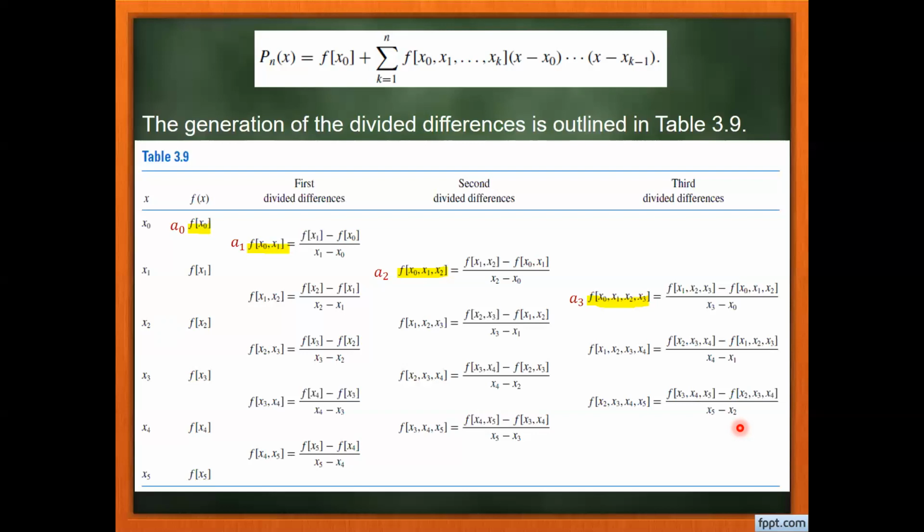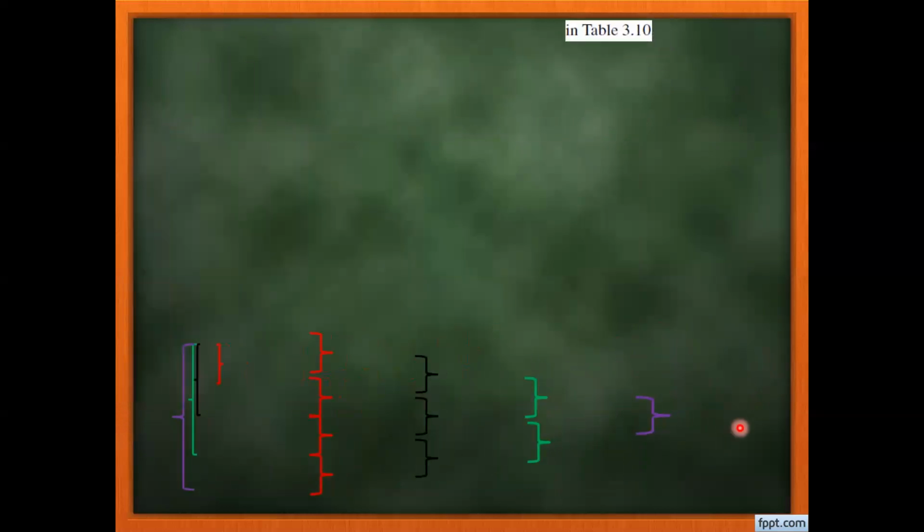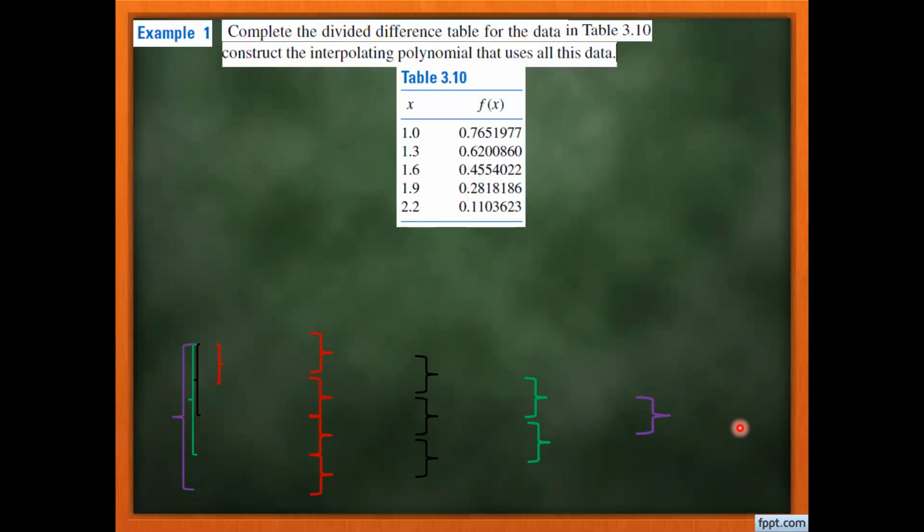Next, I will again discuss through an example how this table is being drawn. So let's consider an example where we need to complete a divided difference table for the given data. We are provided with 1, 2, 3, 4, and 5 data points, and we know the function value at each of these data points.